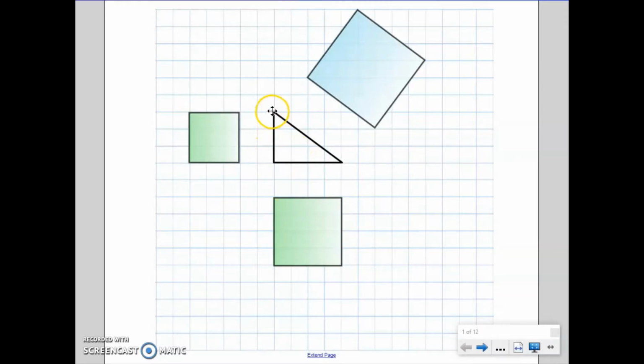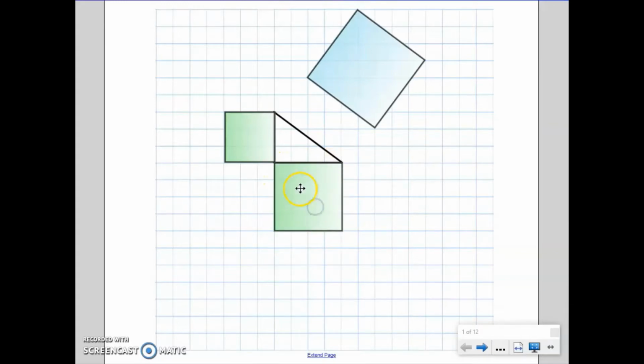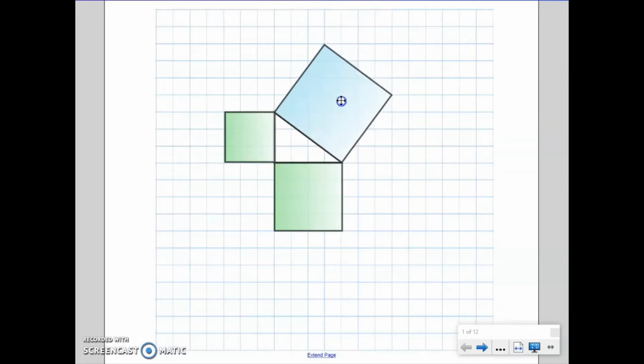So for example, this length is 3, so if I squared the 3, I would have 9. This length is 4, if I squared the 4, I would have 16. If I took the total of the two squared regions, 9 and 16, and added them together, I'd get 25, which is the area of the blue square.